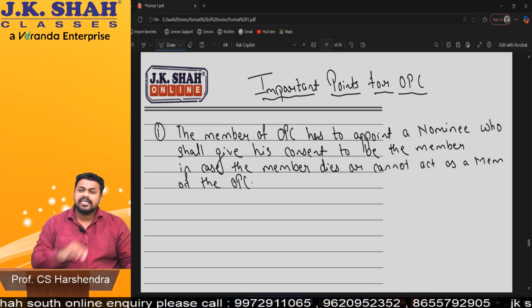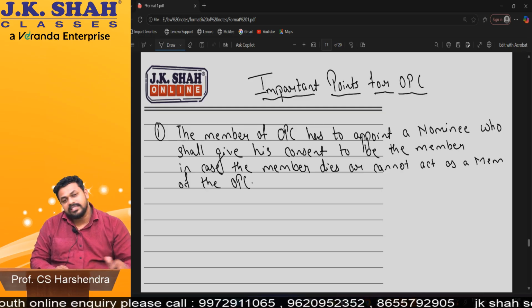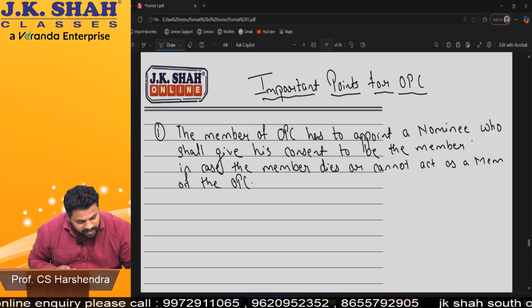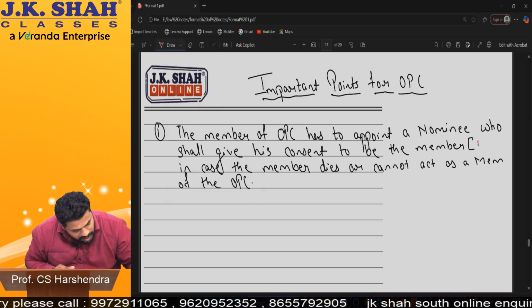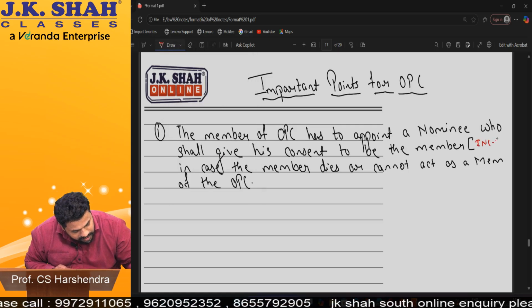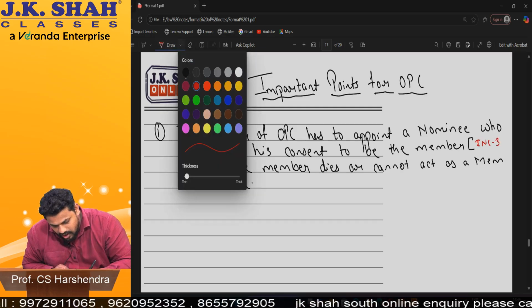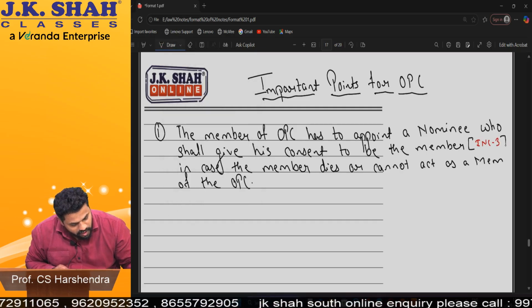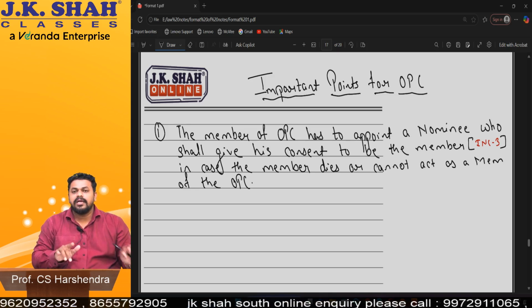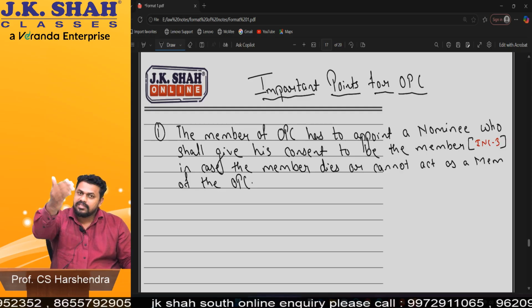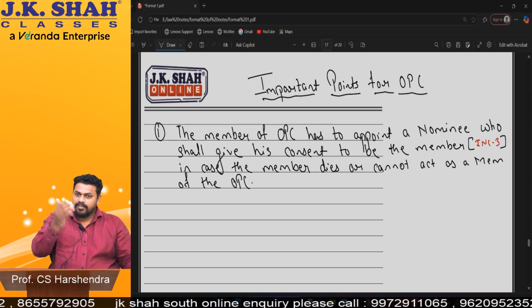Sir, you have to take his consent, so there is a format of consent letter. The format is INC3. This format you will get on the ROC website also. If you go on the ROC MCA website, the INC3 format is there, you have to download it. It's a PDF.